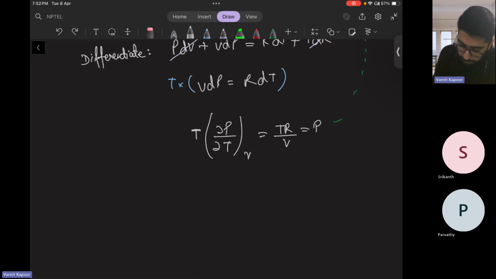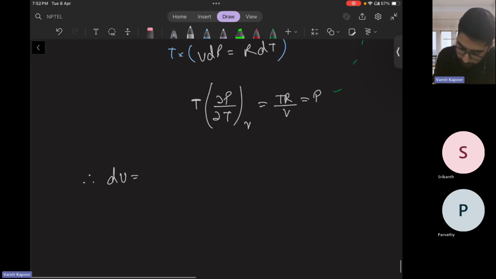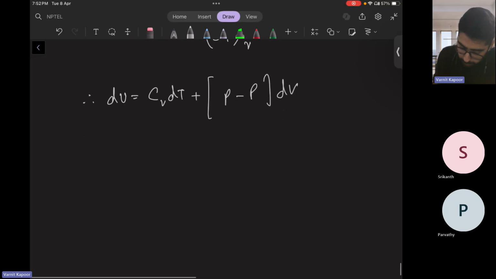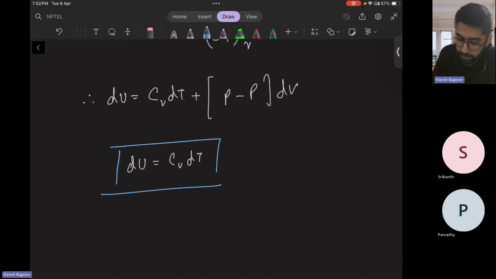So your final dU comes out to be, therefore, CvdT plus (P minus P) dV. So therefore, dU, your internal energy, is a function of temperature only for an ideal gas.